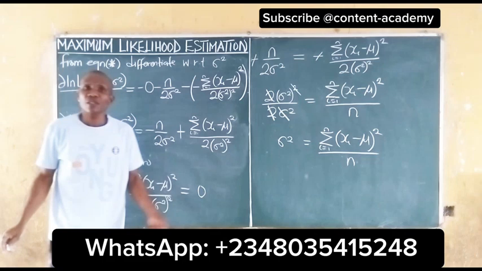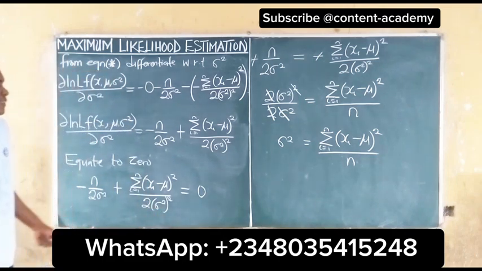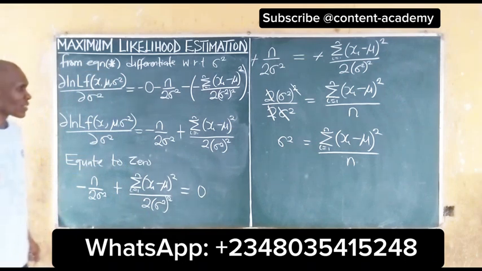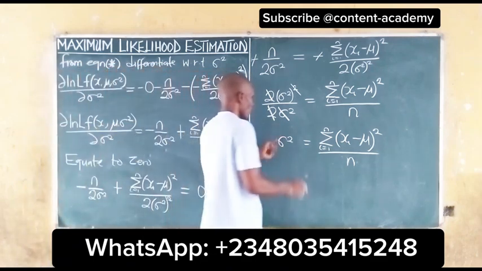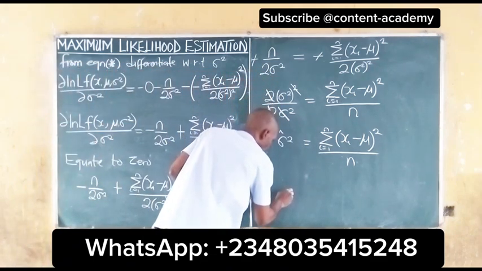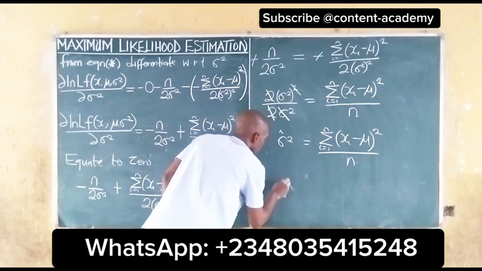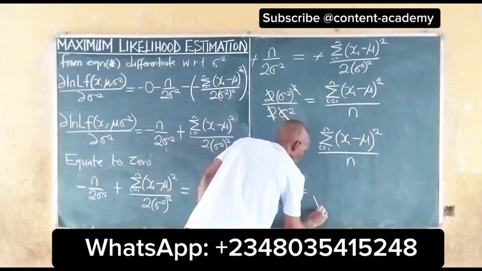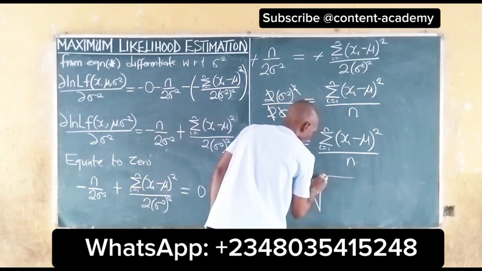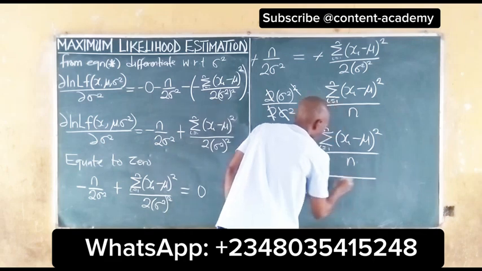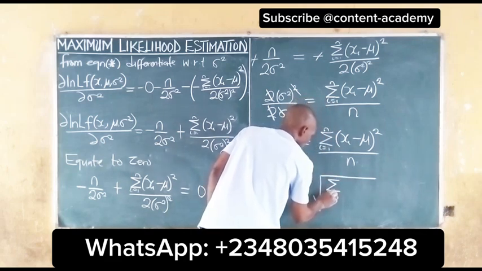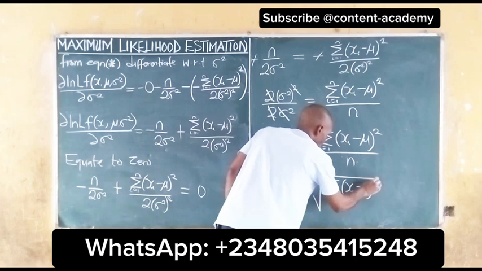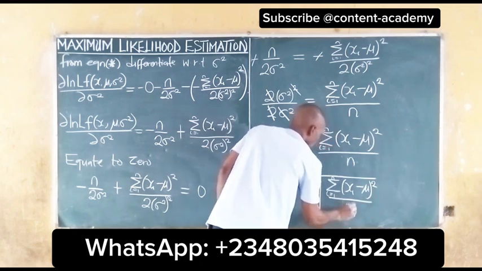Now, from this point, we can find the estimate for sigma squared. Or you can write, if you take the square root of both sides, our estimate as square root of summation, as i running from 1 to n, of (xi minus mu) squared all over n.